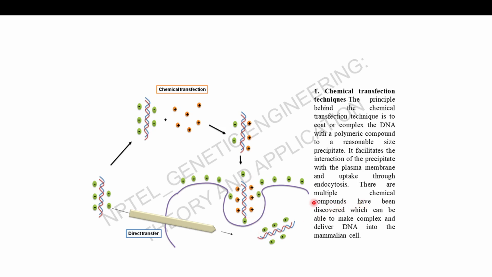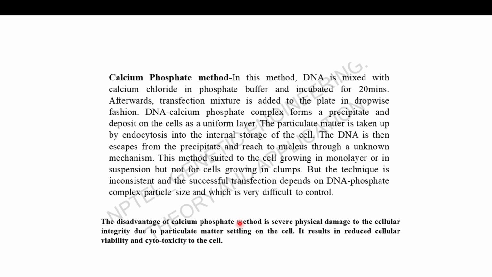Now there are multiple chemical compounds which help DNA uptake into mammalian cells. This is one of the chemical transfection techniques for introducing foreign DNA inside mammalian cells. One is the calcium phosphate method.